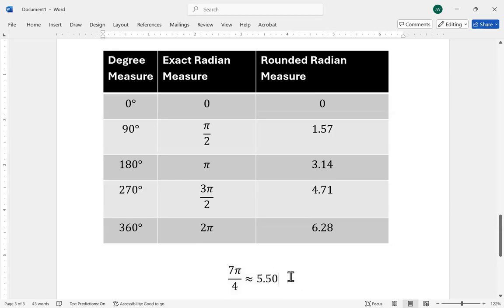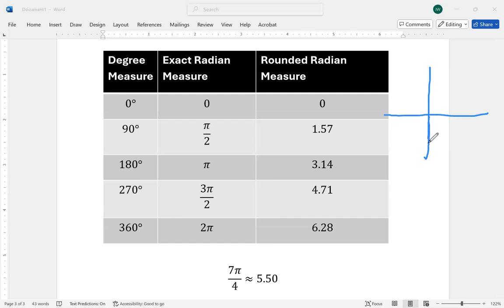So here's what I mean by that. We have 5.5, that's the 7 pi over 4. Notice that that's between the 270 degrees and the 360 degrees, or the 3 pi over 2 and 2 pi. That's between these two numbers. And that means since 270 degrees or 3 pi over 2 points down on the y-axis, let's draw it here.